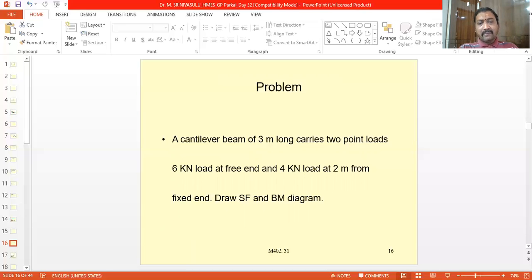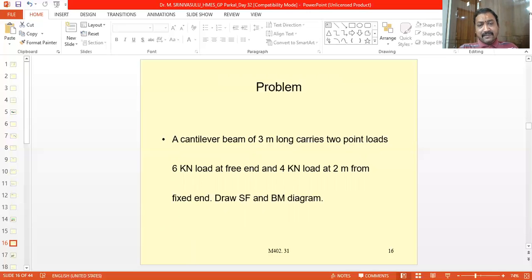That is the point at which the point load is acting, or the point at which the UDL is starting, UDL is ending, like that. We also take the midpoint, some salient points. From those also we have to draw the vertical lines, and below that we have to draw one horizontal line. That is the zero line for the shear force.